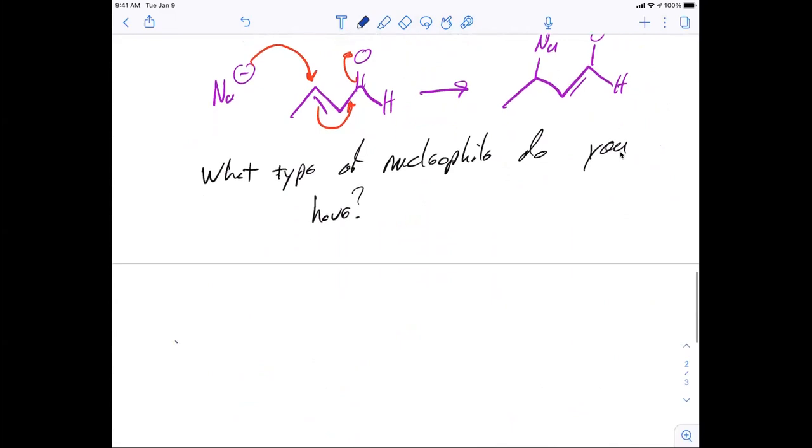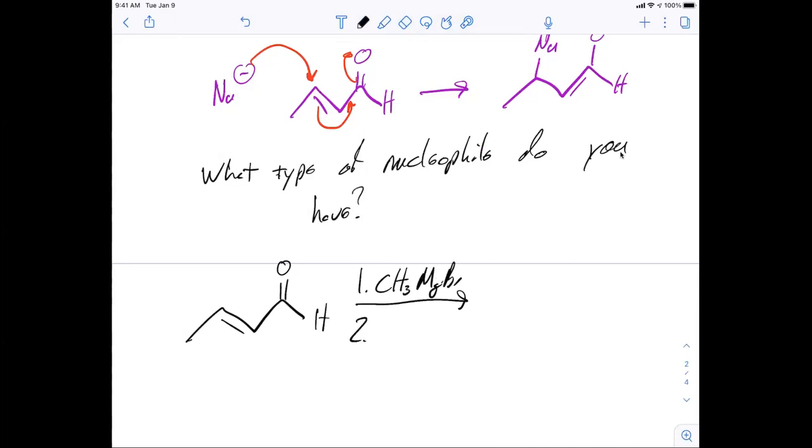But if we look at our standard ones, if we do a reaction, okay, so if we look at an alpha beta unsaturated aldehyde here and react that with a Grignard, right, we're going to get direct addition.